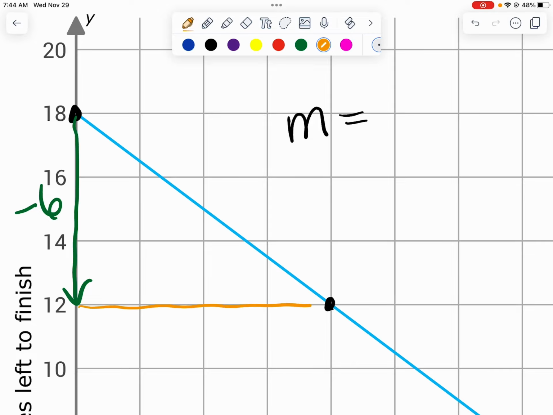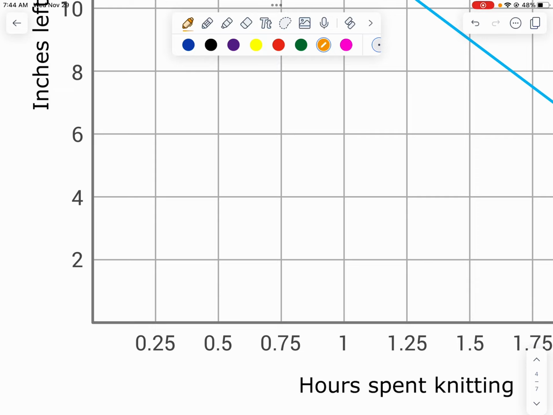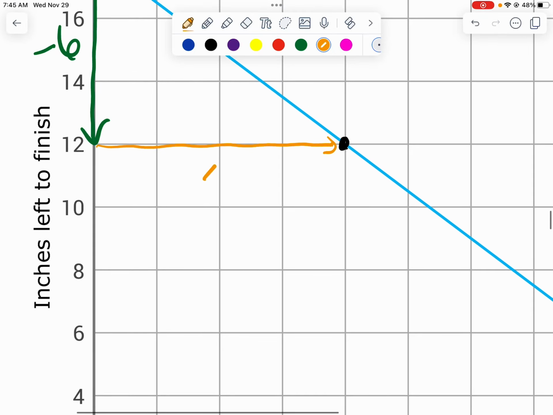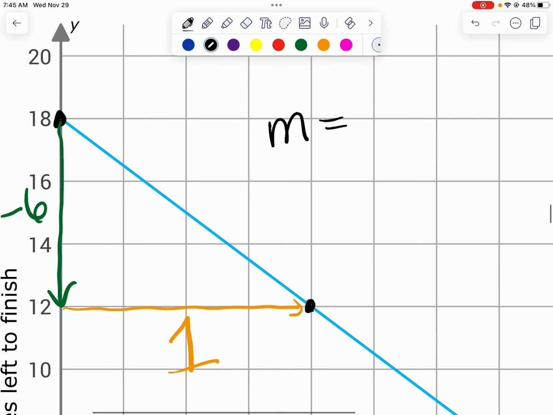Going across, we went 4 lines, but what does 4 lines stand for? Okay, that's a 1, so it went over 1. So my slope is going to be negative 6. My b value is going to be 18.